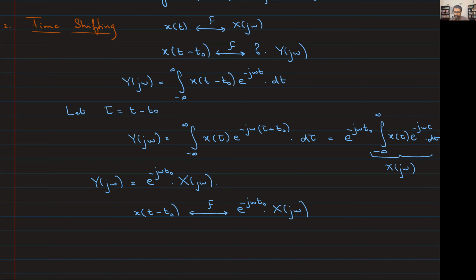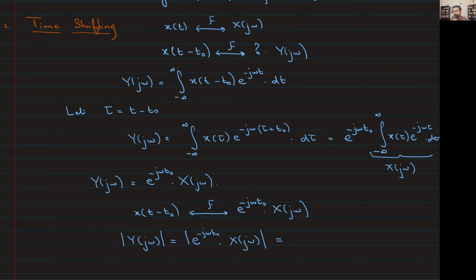I can also conclude something about the magnitude. If I compute the magnitude of Y of j omega, which is the magnitude of e raised to power minus j omega t naught times X of j omega, what would this be equal to?